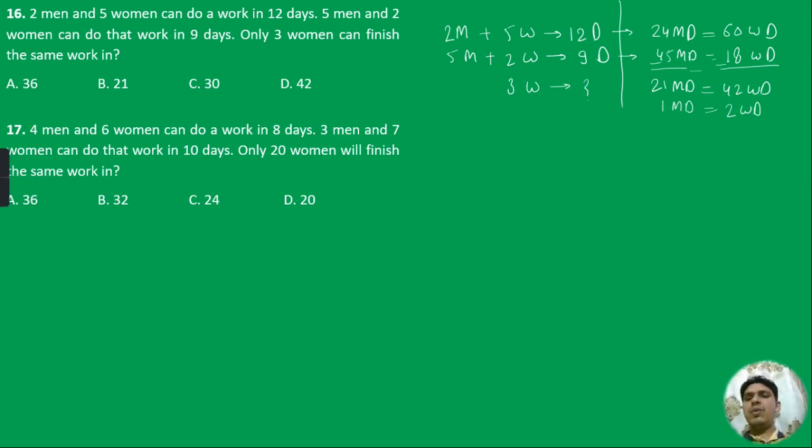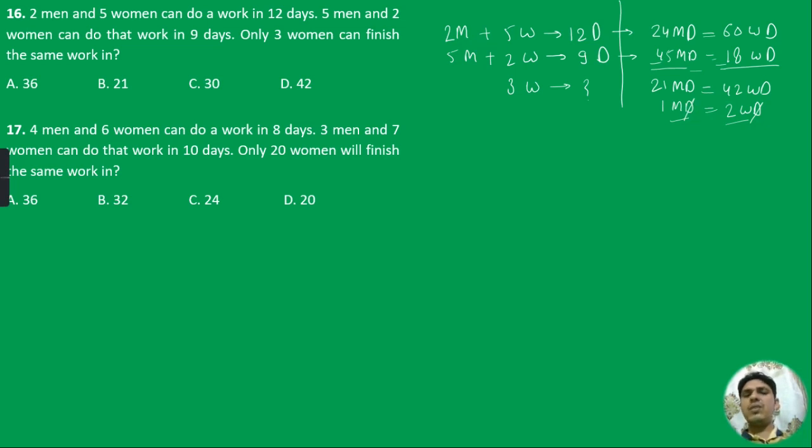Now once we have the equation, let us convert any of the equations, 1 or 2. We have got 1 man days is equal to 2 women days. Days cancel, 1 man is equal to 2 women. So we are given 2 men plus 5 women is equal to 12 days.